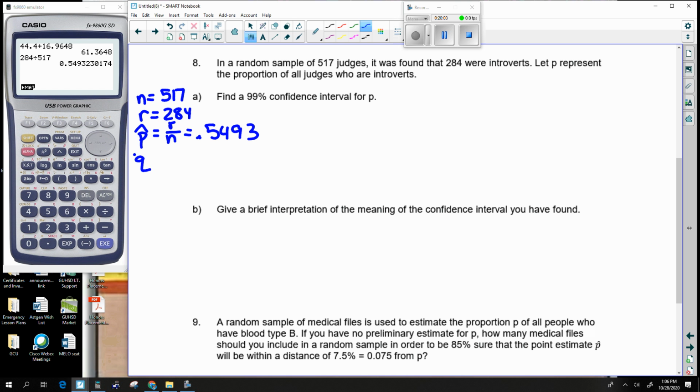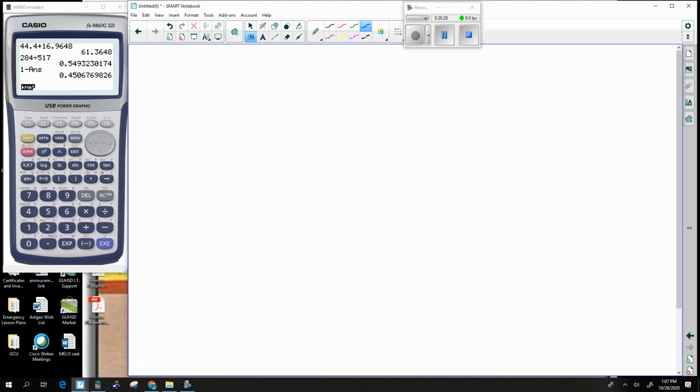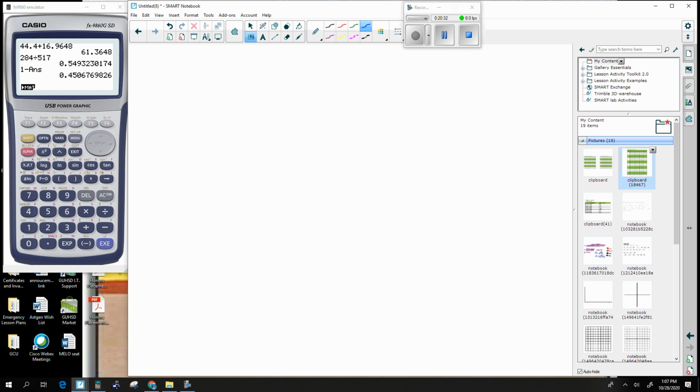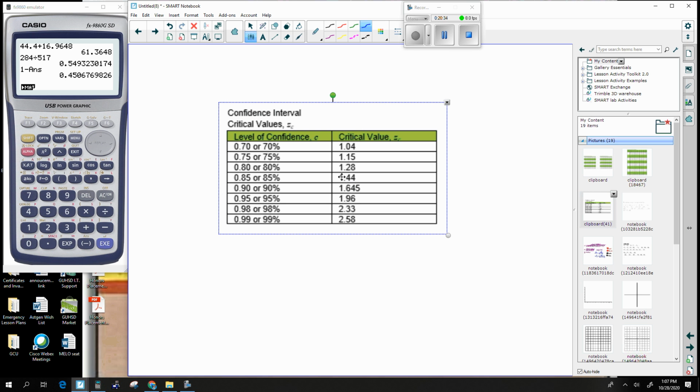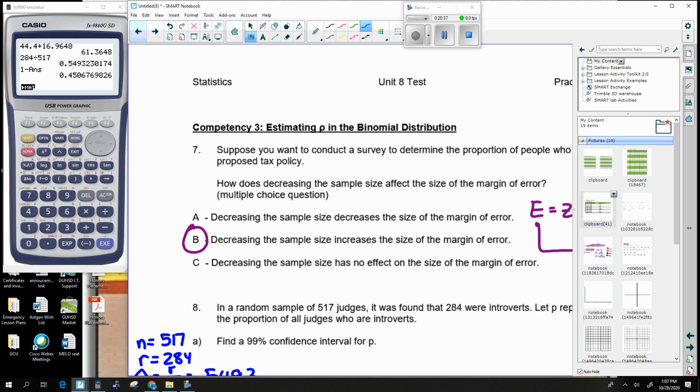That means Q hat, again, that's opposite of the P, is 0.4507. And I see that I have a confidence of 99%, which is a ZC of 2 point something something. So 99%, 2.58.